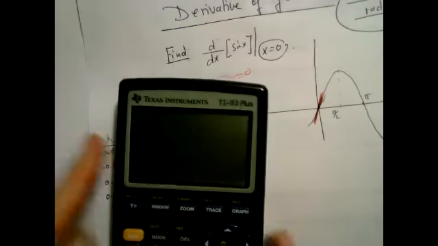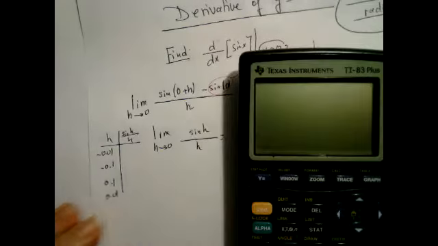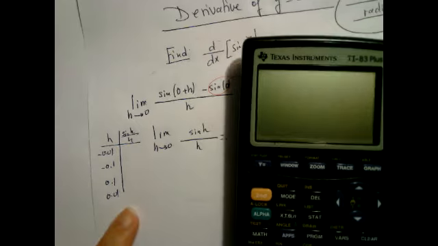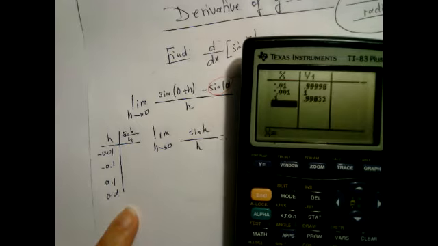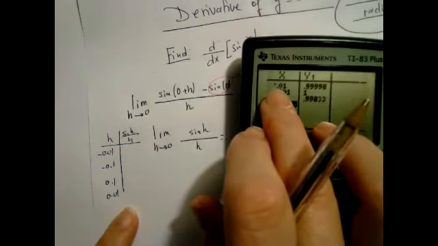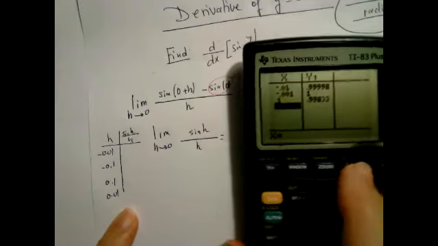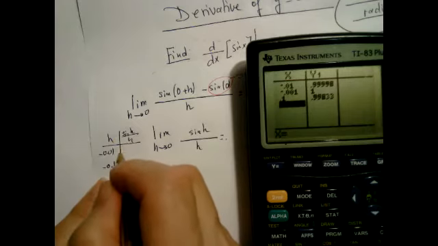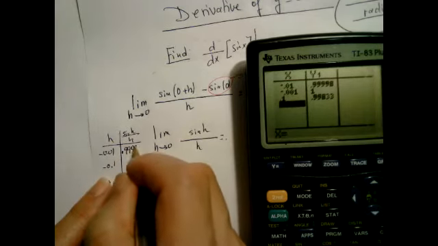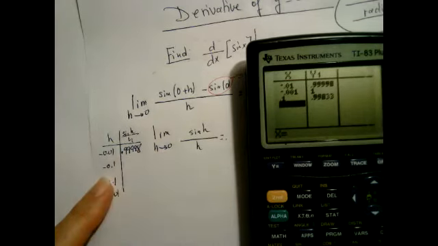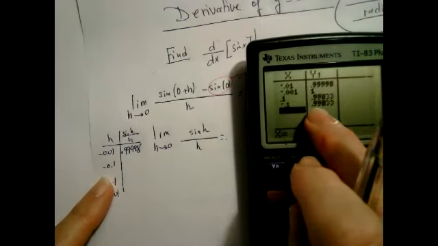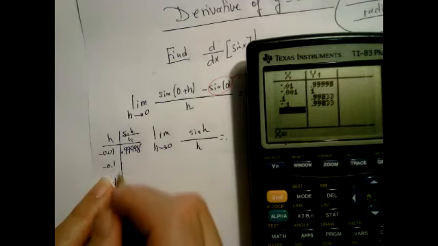I pick up my calculator honestly, and I compute those numbers, no more, no less, granting the unit is radian, so it has to be radian. At minus 0.01, I got 0.99998. At minus 0.1, I get 0.9983.